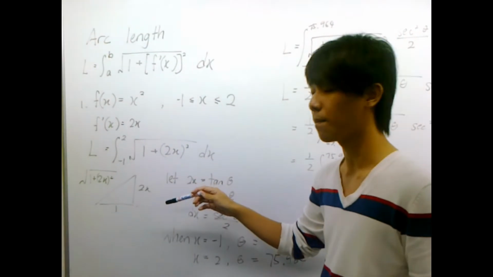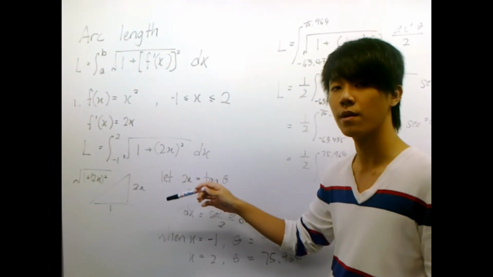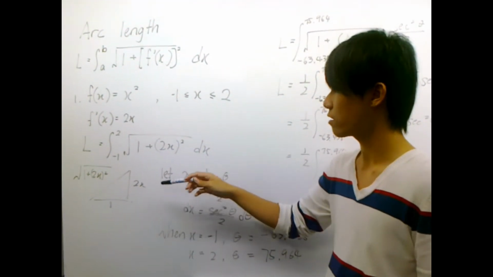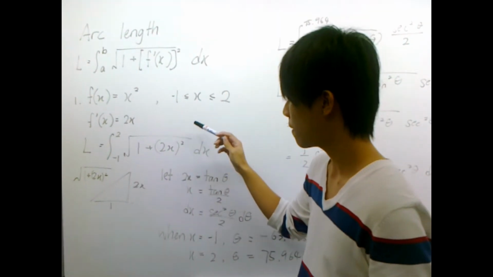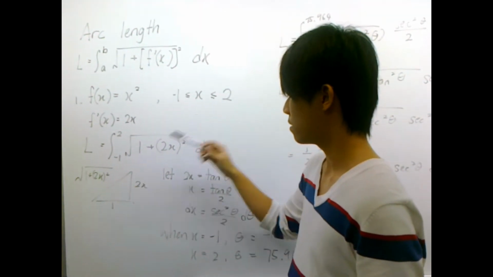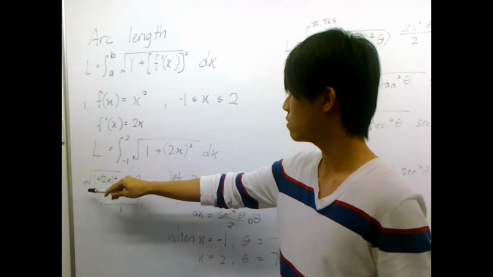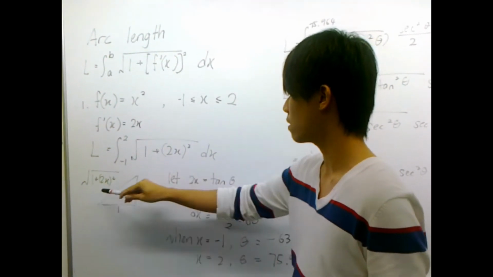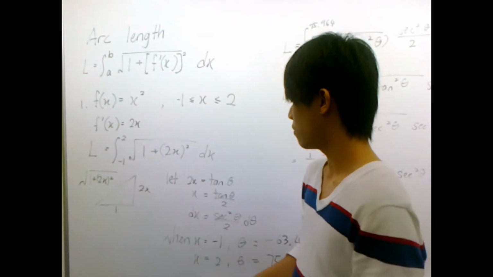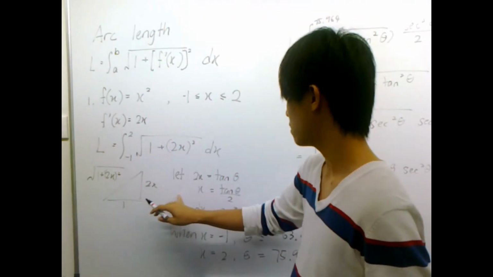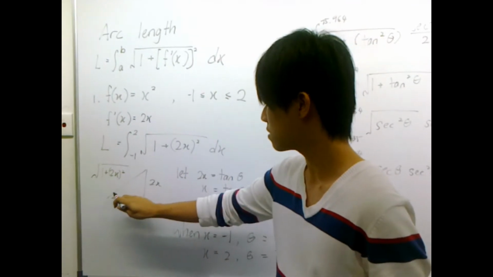And here we can apply this technique from chapter 8.3, which is the trigonometric substitution, where this is a triangle. The hypotenuse is equal to the square root of 1 plus (2x) squared, where this is 1 and this is 2x and this is theta.